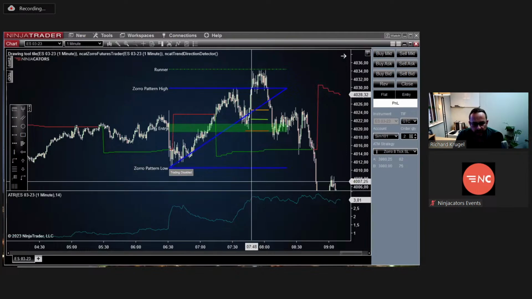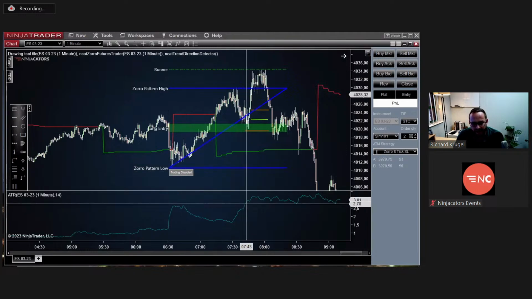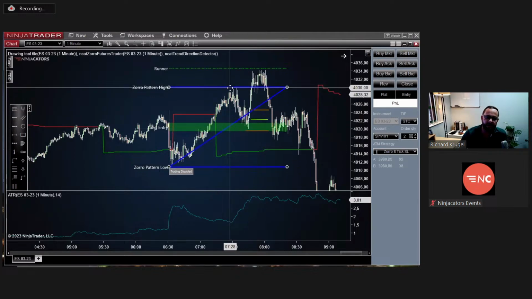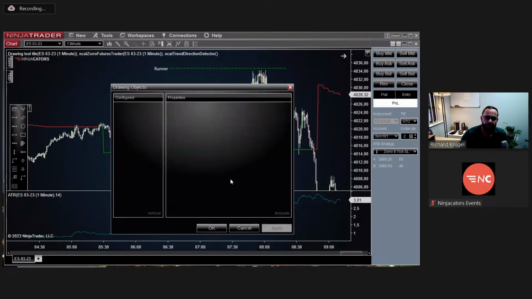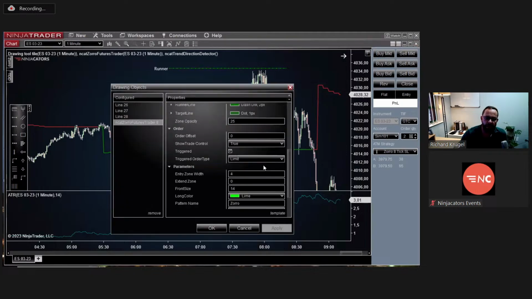In any case, according to what the ATR is, and I've got different ranges, and this is all explained in the instructions and the videos that I recorded, trading live sessions, 4 of them, according to what range your ATR is in, you then need to go into the settings of the Zorro pattern and change the width of that zone.